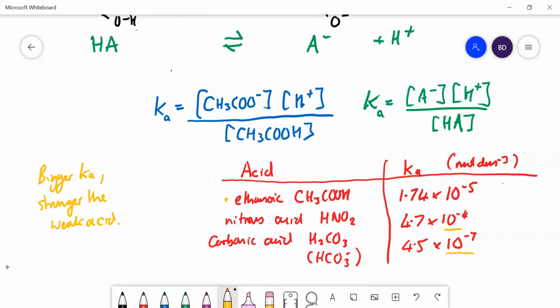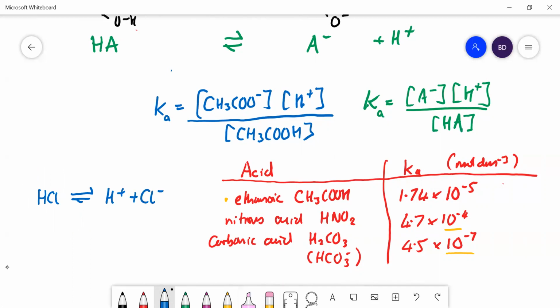What would be the value of Ka for a strong acid? You can't have a Ka for a strong acid, but let's see why. If you've got a strong acid like HCl, and you've got H plus and Cl minus there, Ka for that would be H plus times Cl minus over the concentration of HCl.